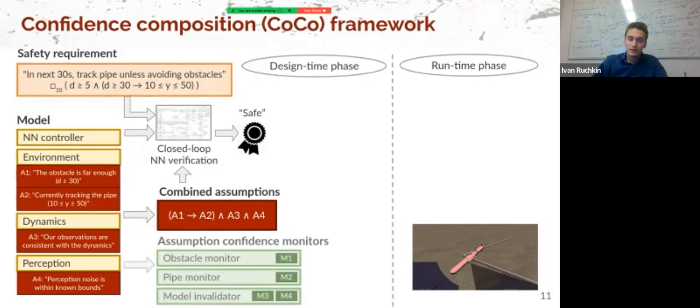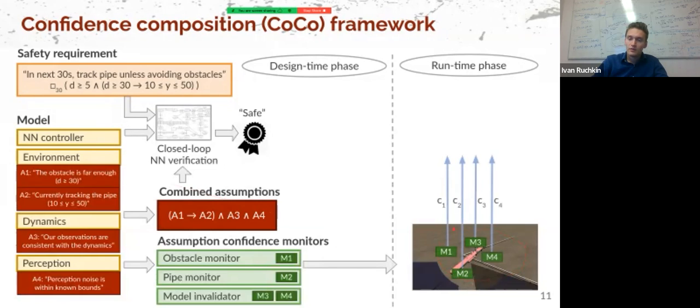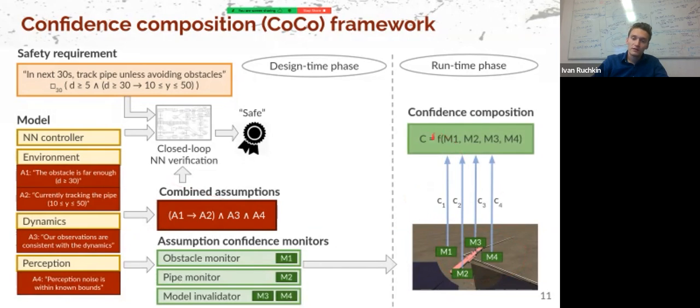So we can create confidence monitors for each assumption. And this can be done using state-of-the-art methods, nothing particularly new here. We deploy these monitors in the system at runtime. At each point of time, the monitors give us the respective confidences in their assumptions between 0 and 1. Then we need to compose these confidences using some function f and get the overall confidence c.